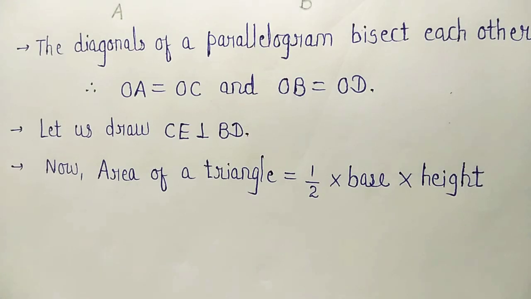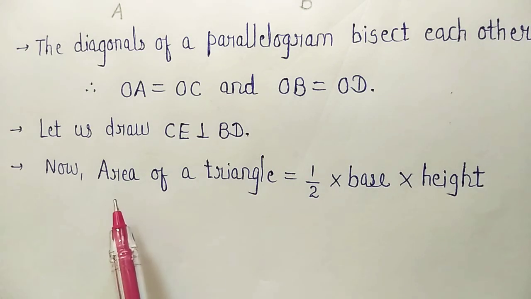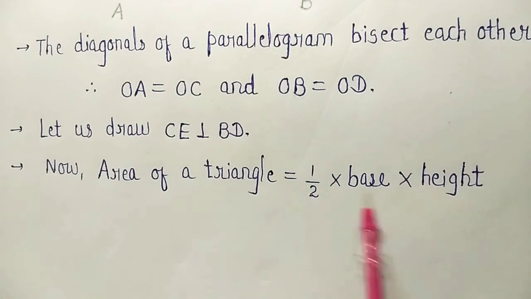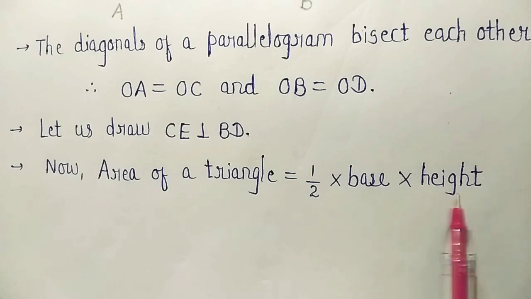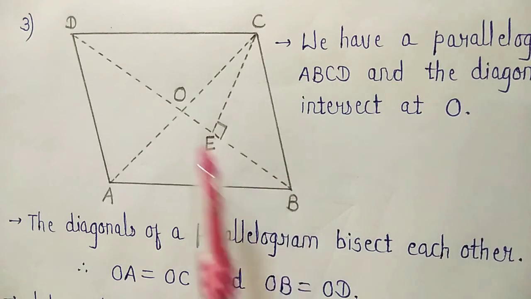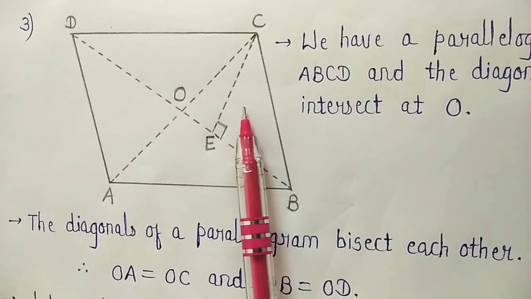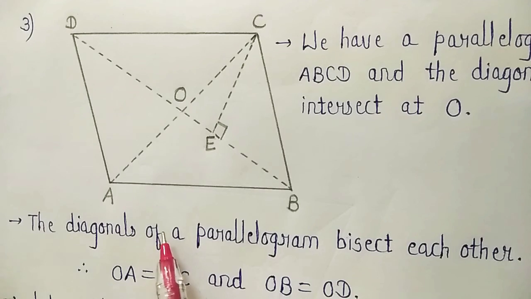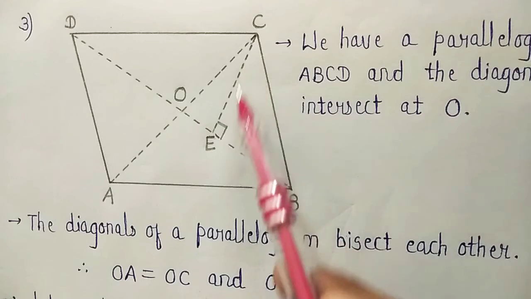Now students, we know the formula to find the area of a triangle. So we'll write the formula. Area of a triangle is equal to half multiplied by base multiplied by height. Now, if we consider triangle BOC, what will be the area of triangle BOC? Half into base into height. We have drawn a perpendicular, right?